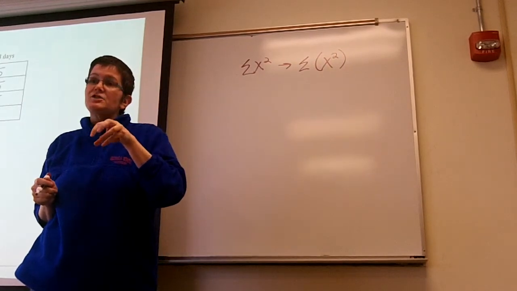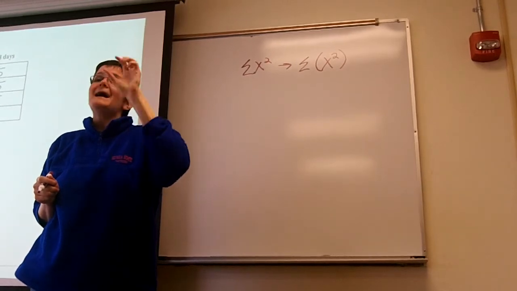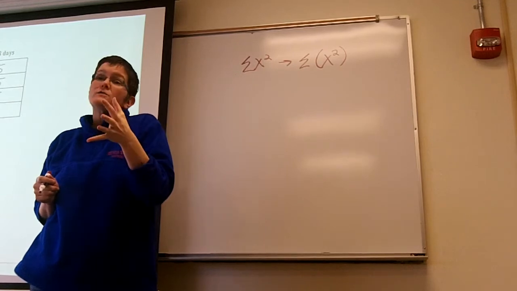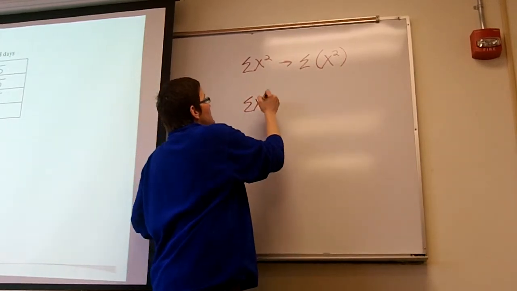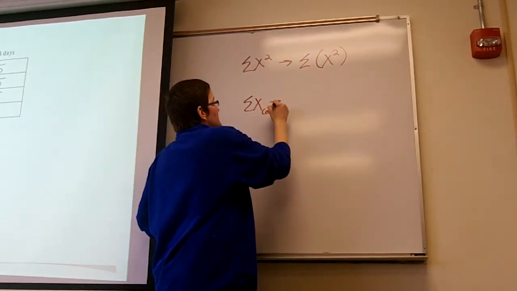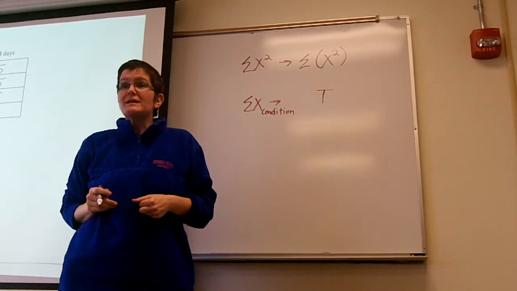So for a given condition, you need to take each score and square it, and then add up those squared values. And the way that we know that's what we want to do here is because we already have a notation for the sum of X for a given condition, and that's T. T is our sum of X already.